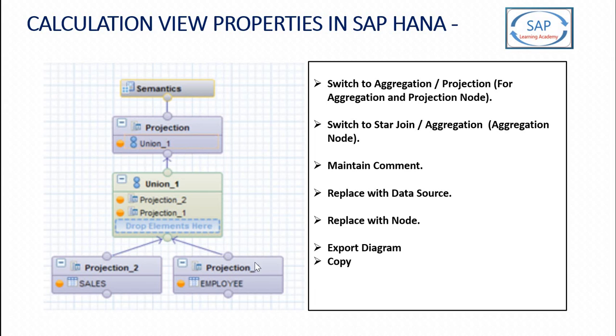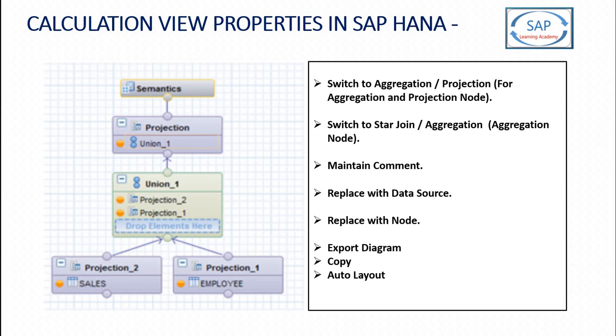Suppose you have a node right here, employee table, and you want to copy this node and paste it into this space. Then you can easily copy and paste for quick and easy development. Otherwise you have to add the same projection again. So that's a good feature.